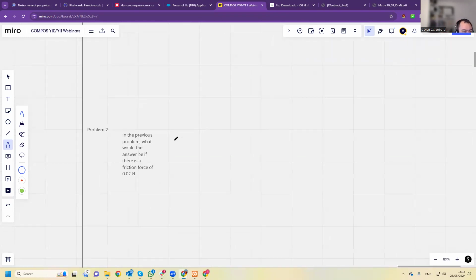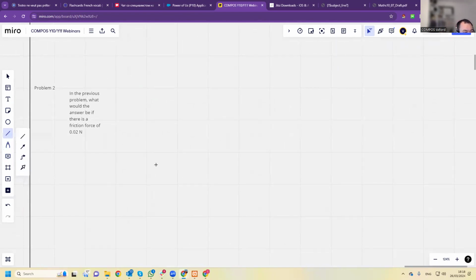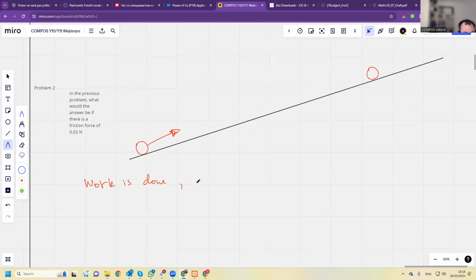Okay, now in the previous problem, what would the answer be if there's a friction force? Interesting. So now we shoot off, the ball travels off, but now there's a friction force on the way that slows it down, so it converts kinetic energy to thermal. So work is done, so some kinetic energy is lost.